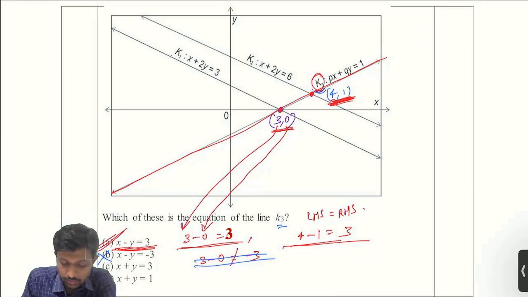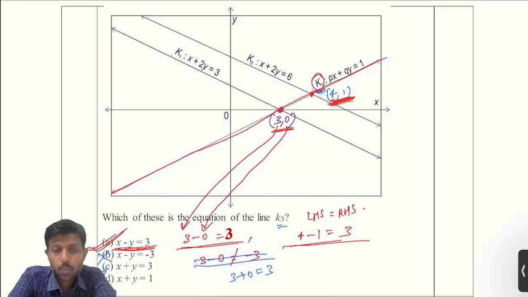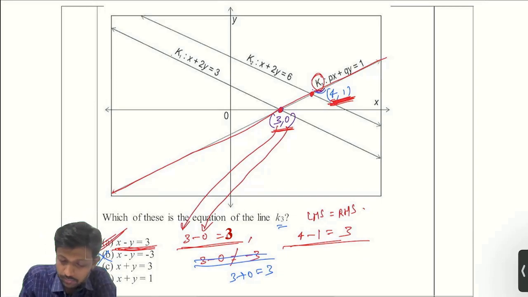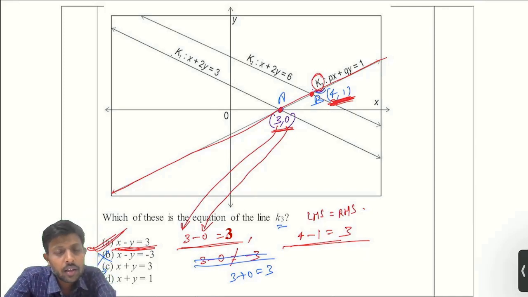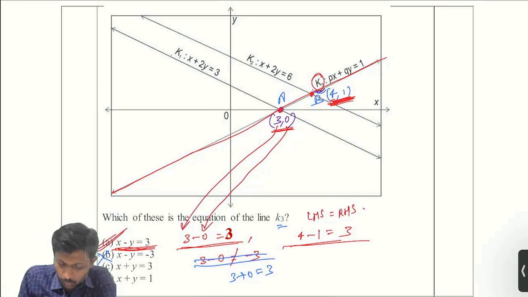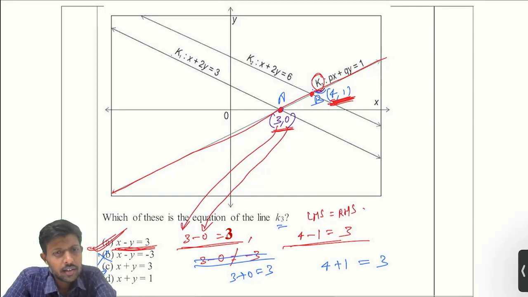Let's look at the third. x plus y equal to 3. So 3 plus 0 equal to 3. Okay, this one is satisfying the first point. Let me call this A. Let me call this point as B. And what about the second one? 4 and 1. So let's see. 4 plus 1 equal to 3. Is it?